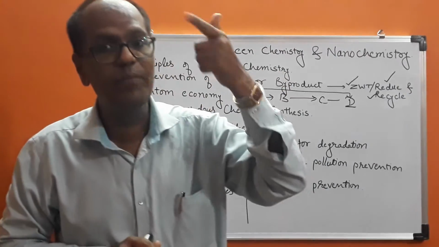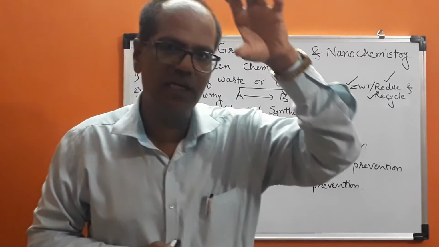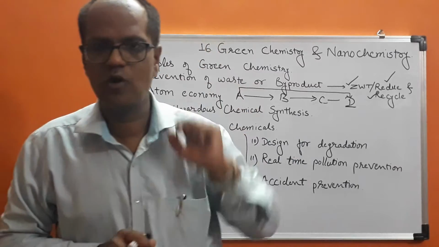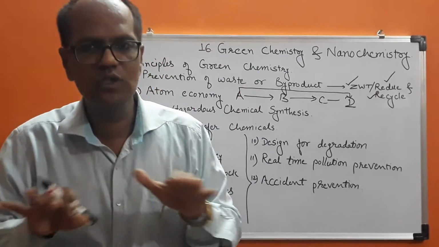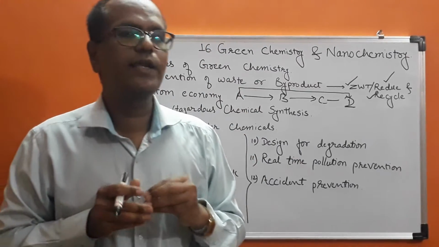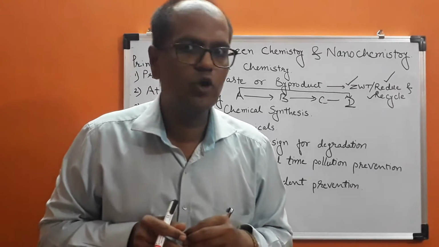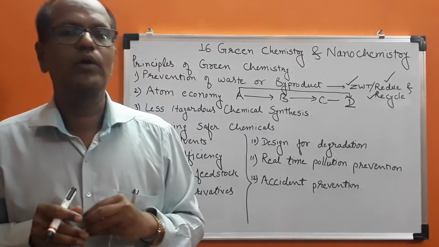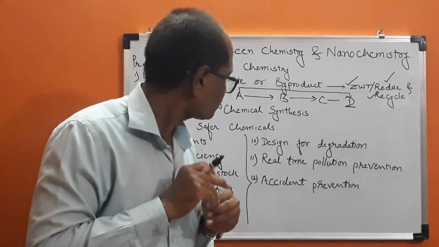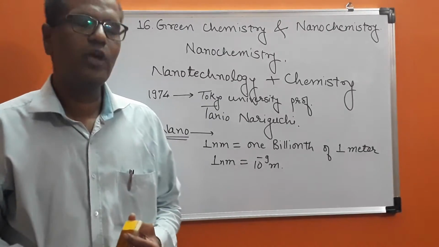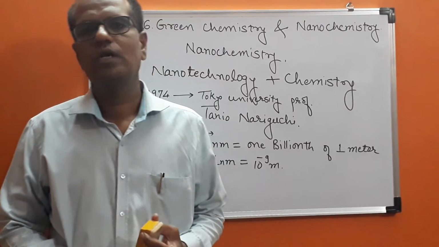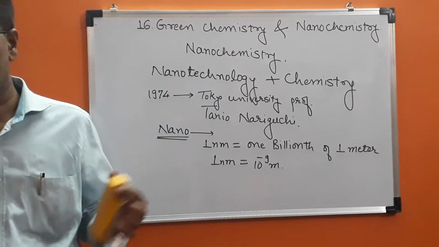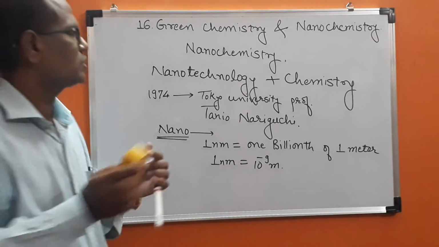We are also helping with the ozone layer depletion problem and all those problems. Therefore, green chemistry plays an important role in our day-to-day life. Up to this moment, we have already finished green chemistry. We have discussed its advantages and all those things.